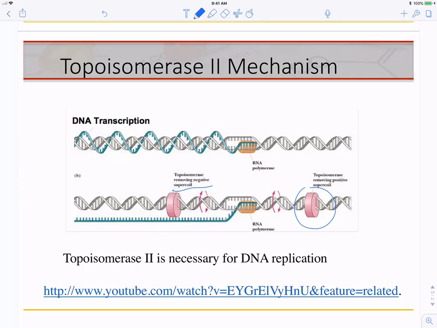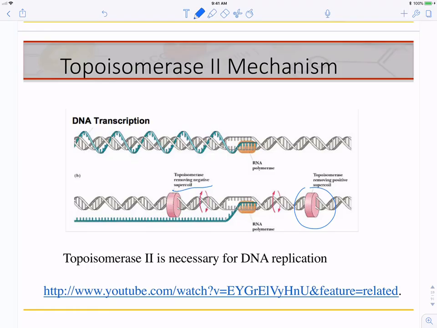Topoisomerase 1 makes a single strand break in DNA, and so allows the strand to spin and be processed. Topoisomerase 2, on the other hand, makes double strand breaks and allows an intact chain to pass through, and then subsequently reattaches the two strands.